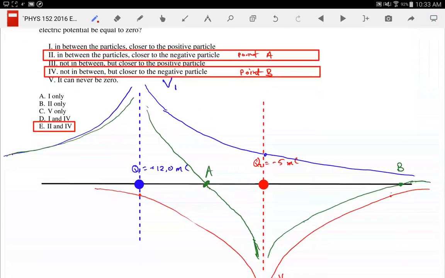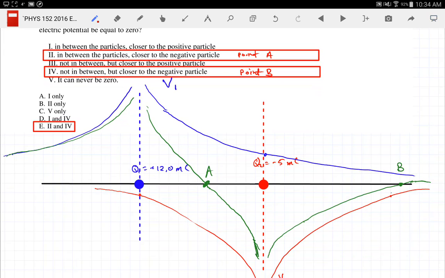This one here had great confusion. I don't think there was a single person who plotted the electric potential from each of the 2 charges and then tried to add them up. Right, but that's what you do. Electric potential is a scalar, whereas electric field is a vector.